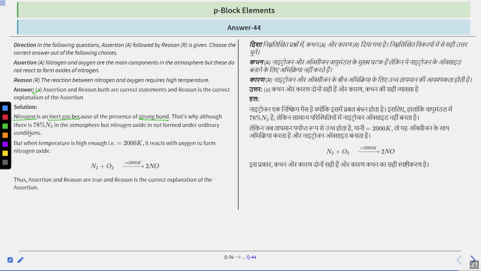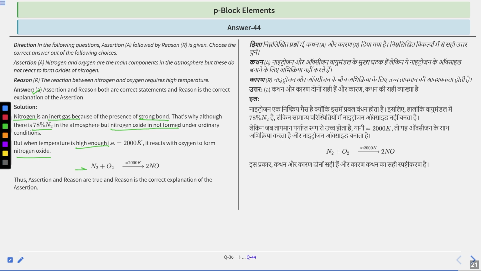That's why, although there is 78% nitrogen in the atmosphere, nitrogen oxide is not formed under ordinary conditions. But when the temperature is high enough, let's suppose 2000 Kelvin, it reacts with oxygen to form nitrogen oxide. We have to increase the temperature to about 2000 Kelvin. Then it can form nitrogen oxide after reacting with oxygen.